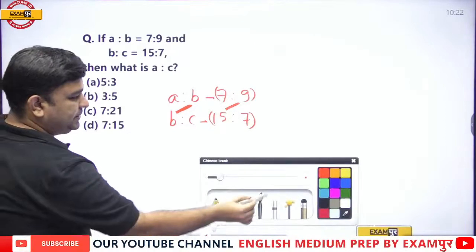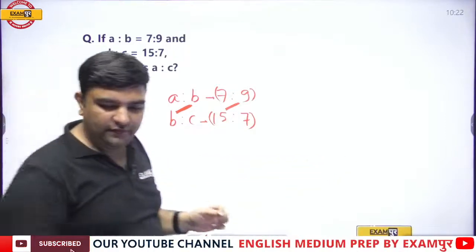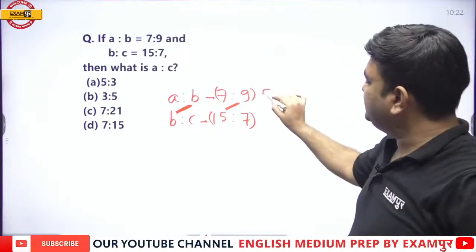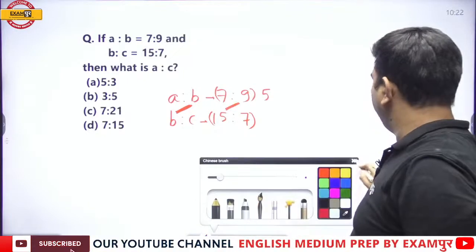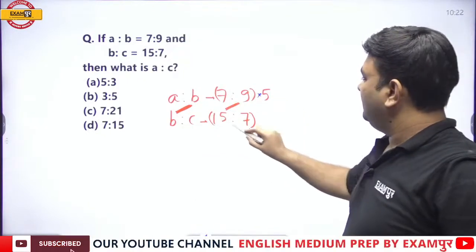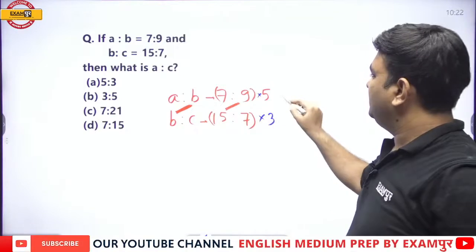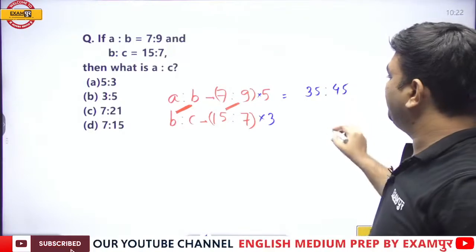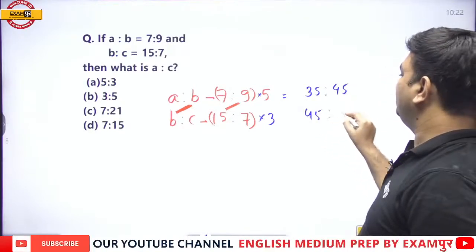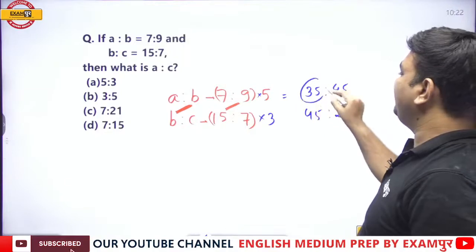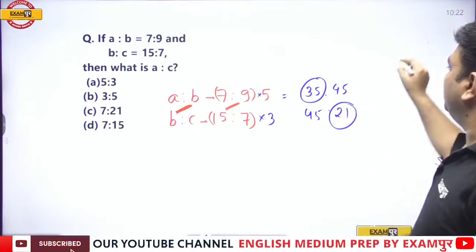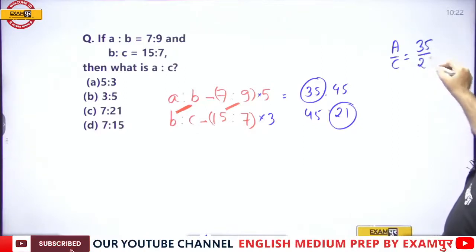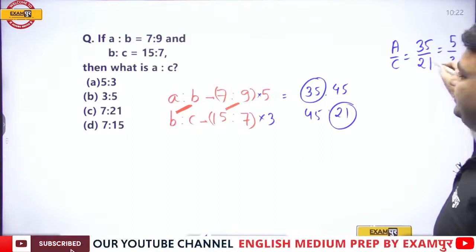Make them 45 each. 9 times 5 is 45, and 15 times 3 is 45. So the values of A are 35, B 45, and C 21. So A ratio C is 35 ratio 21, which is 5 ratio 3.